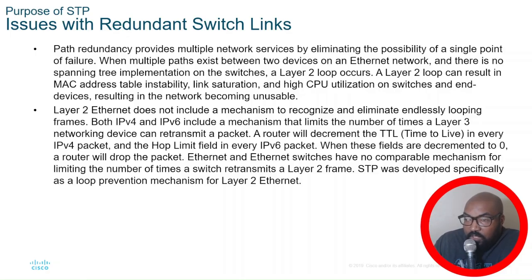Ethernet and Ethernet switches, layer 2, have no comparable mechanism for limiting the number of times switches retransmit layer 2 frames, right? So there's nothing to stop it. It just keeps going, right? So STP was developed specifically as a loop prevention mechanism for layer 2 Ethernet.